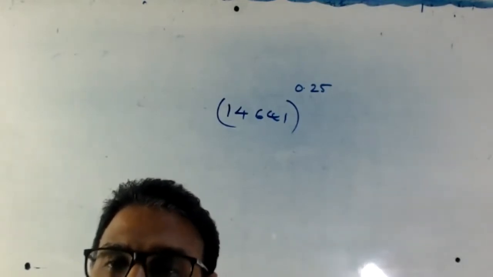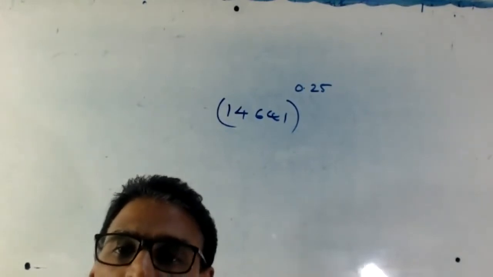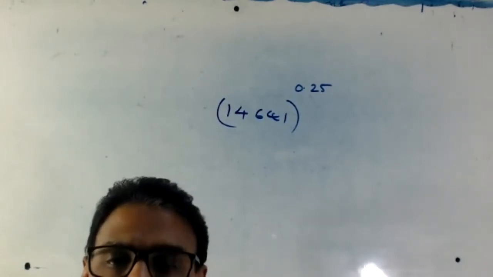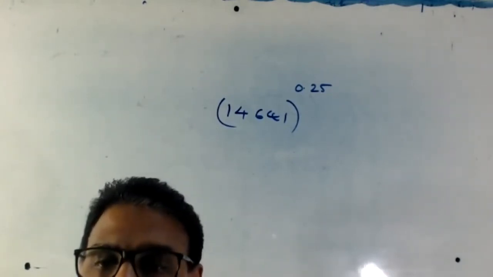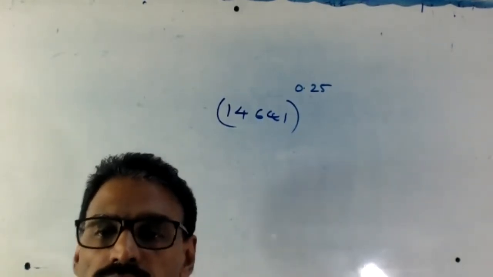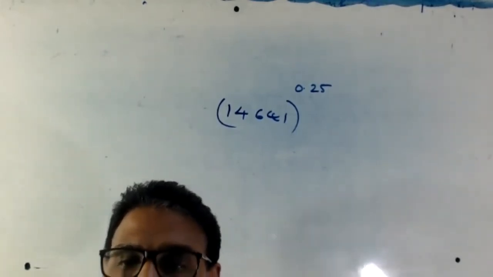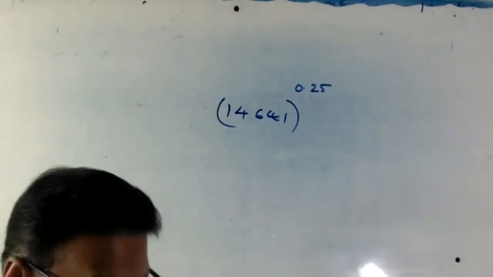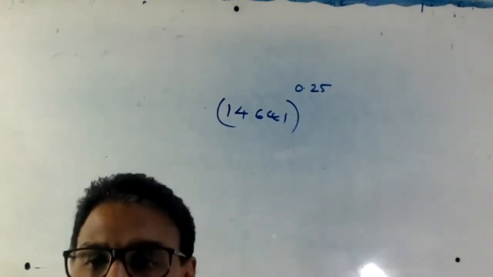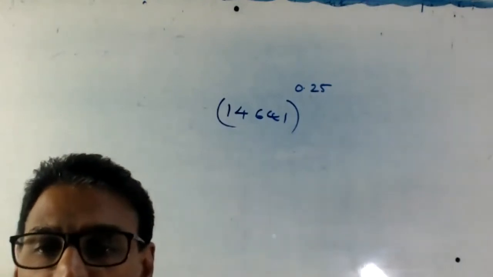Amir, what is the doubt? You have a doubt of typing. How come? Tell me the question. 1 4 6 4 1 raised to 0.25.